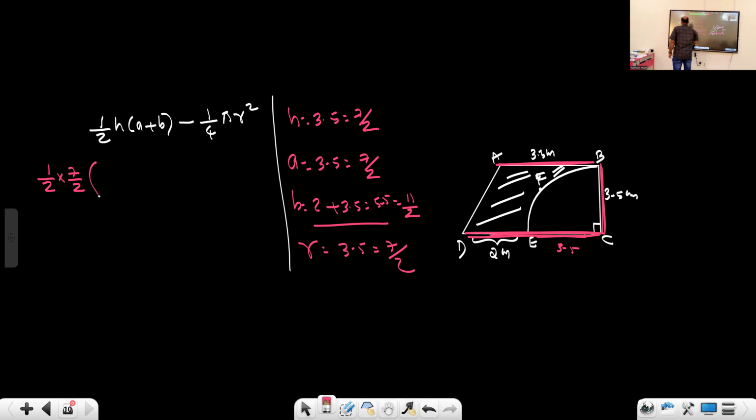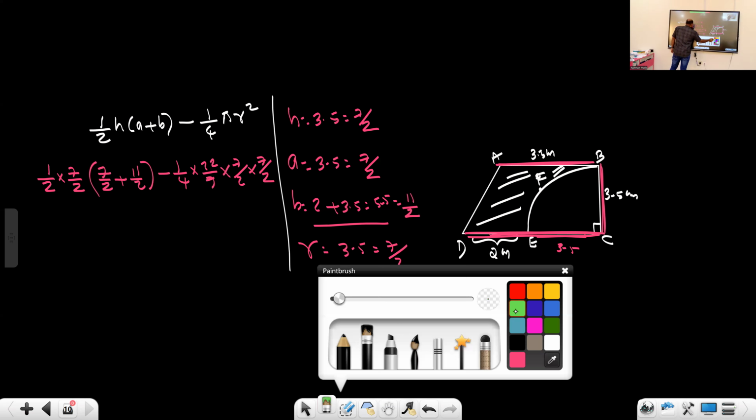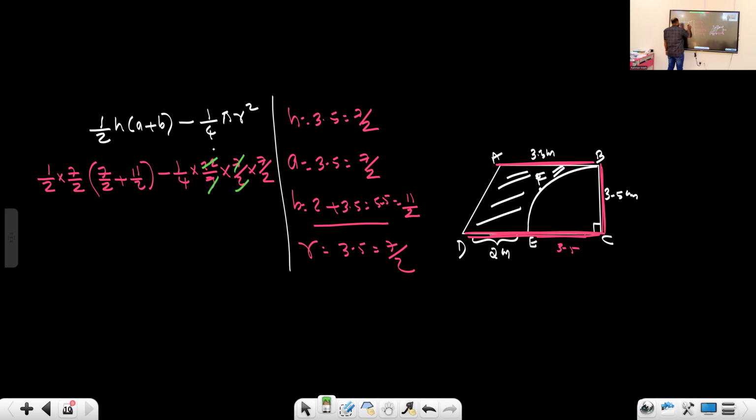A is 7 by 2, b is 11 by 2. 1 by 4, 22 by 7, radius 7 by 2 into 7 by 2. 7 cancels, this also cancels. 7 by 4, this is 7 plus 11, 18. 18 by 2 is 9. Minus 77 by 8.